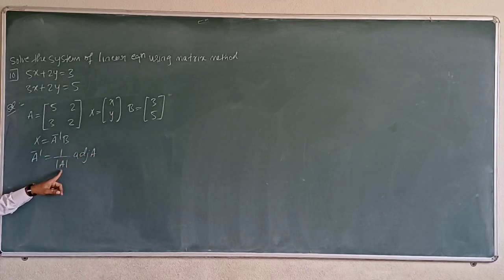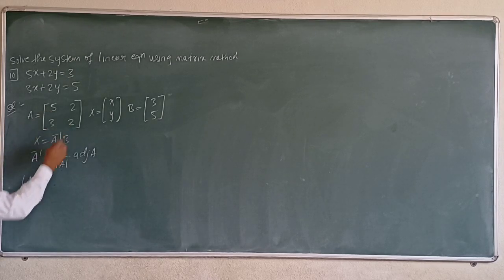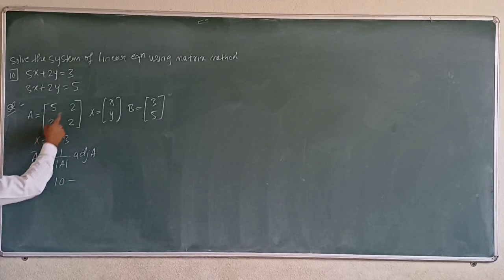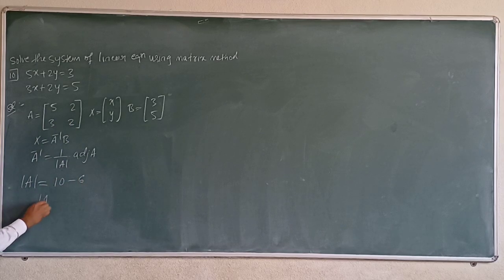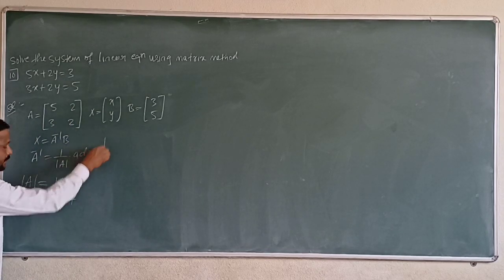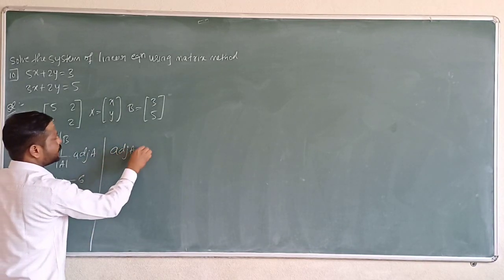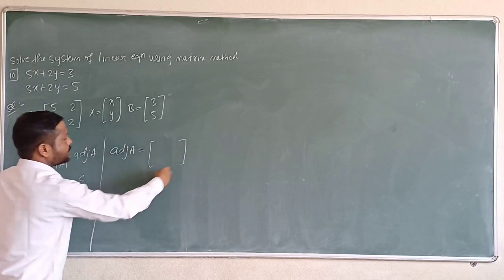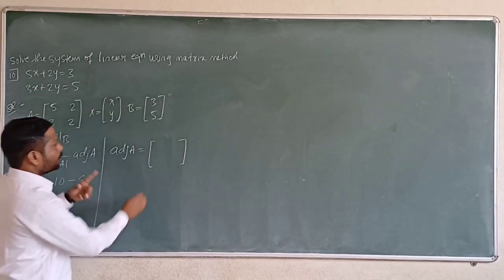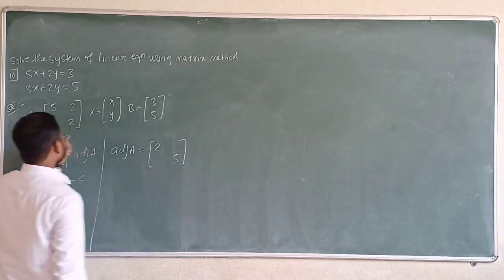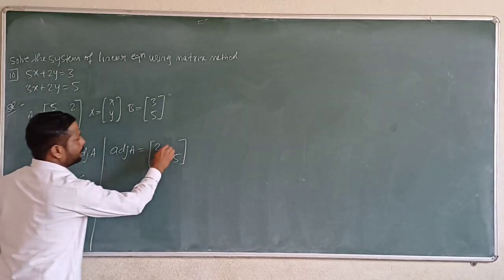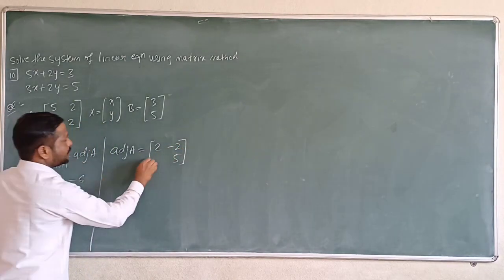Find out the determinant of A here. Determinant of A is equal to 5 times 2 is 10, minus 3 times 2 is 6. So therefore determinant of A is equal to 4. Same as before, find out the adjoint of A here. The adjoint of A is, interchange the diagonals. 5 and 2 become 2 and 5, change the sign, plus 2 becomes minus 2, plus 3 becomes minus 3.